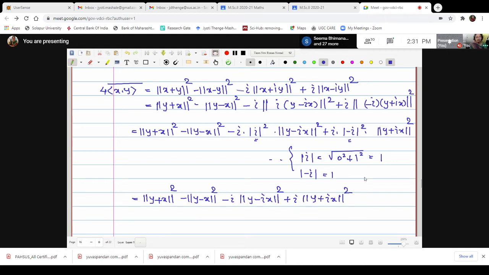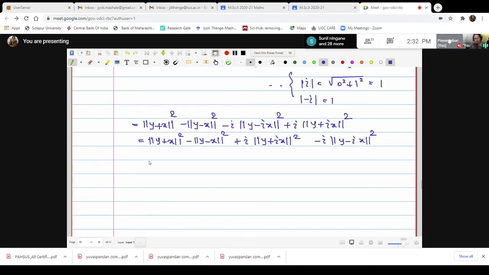Now we will just rearrange the terms. This term I will take first. Therefore this is norm square of y plus x minus norm square of y minus x plus i times norm square of y plus ix. This term I am writing first. Now we will write minus i norm square of y minus ix, right?